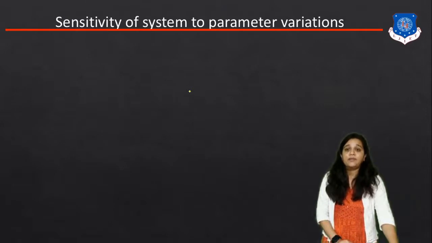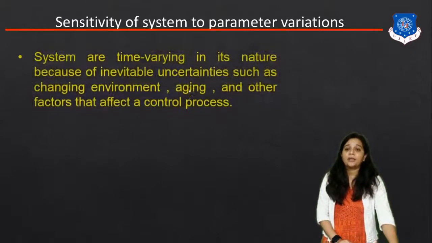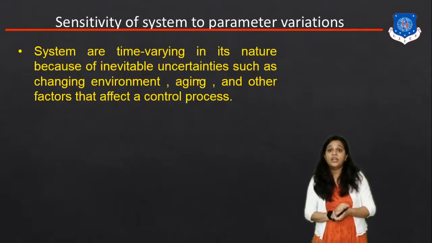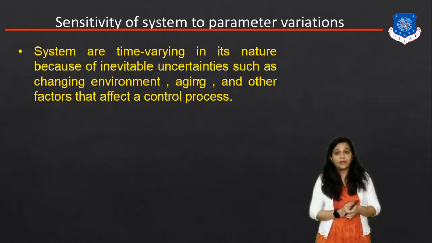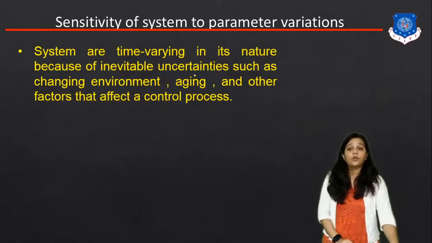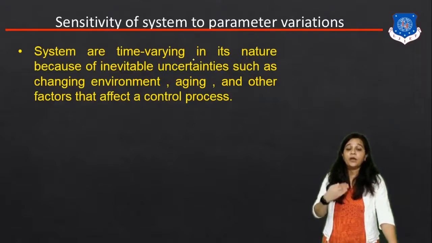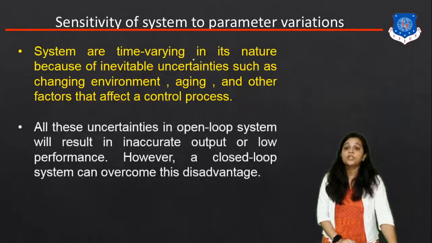Now, sensitivity of the system to parameter variation. Systems are time varying in nature because of uncertainties such as changes in environment, aging and other factors, which affect the control process. Whatever input is applied to this open loop system, depending upon the parameter changes, the output will change.